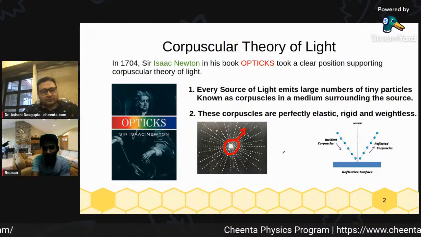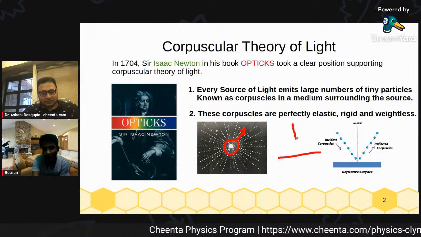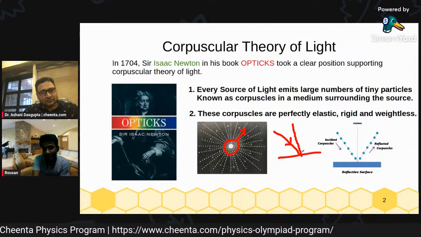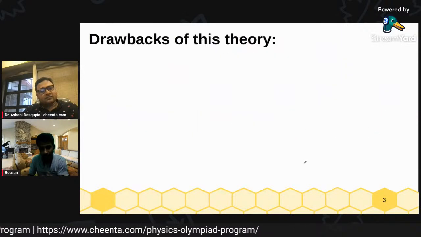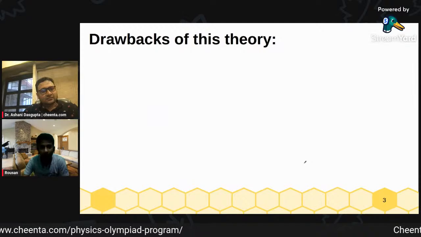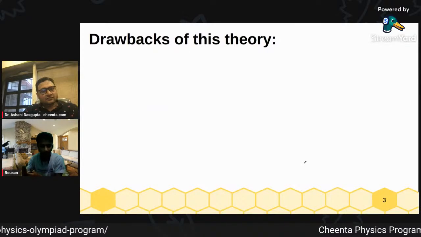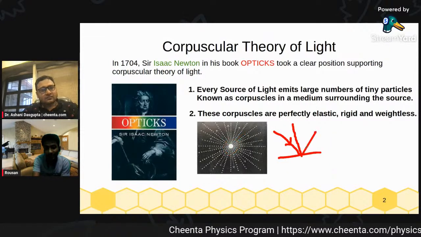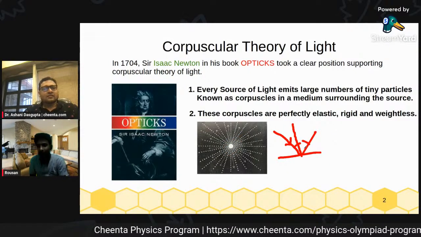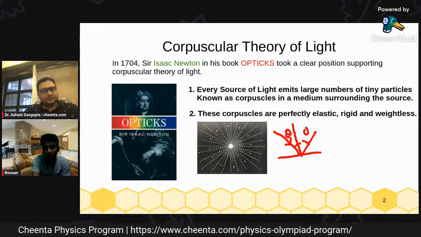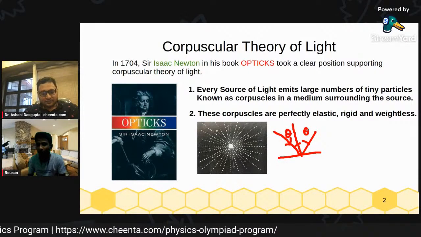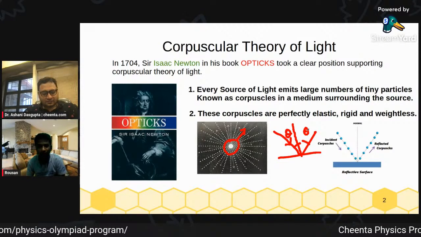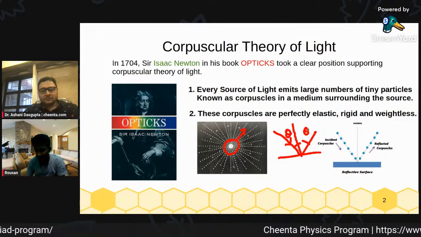If there is a plane and this is the perpendicular, a light ray can come like this and reflect, and the two angles will be exactly equal. That is what we mean by the law of reflection. Newton's theory helped in proving this.